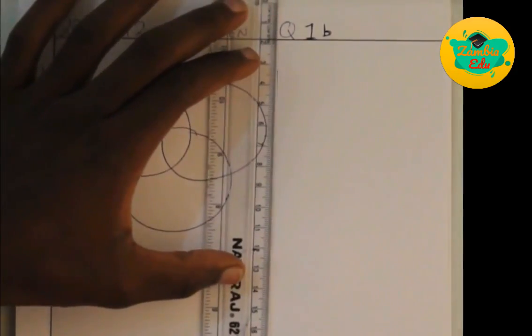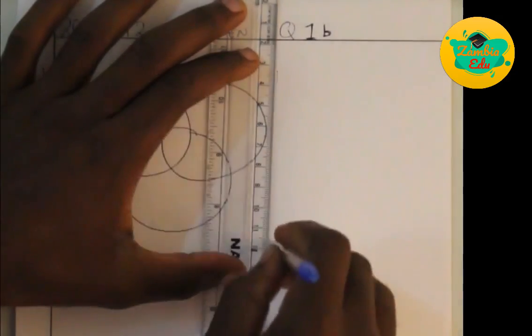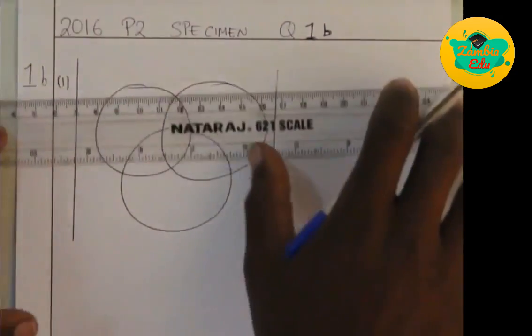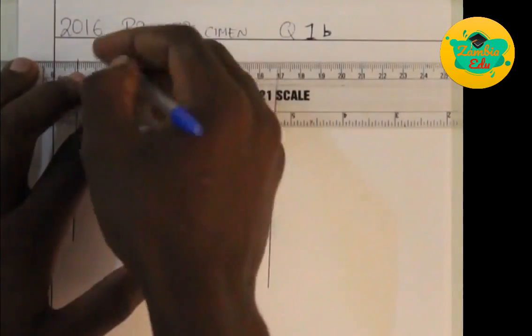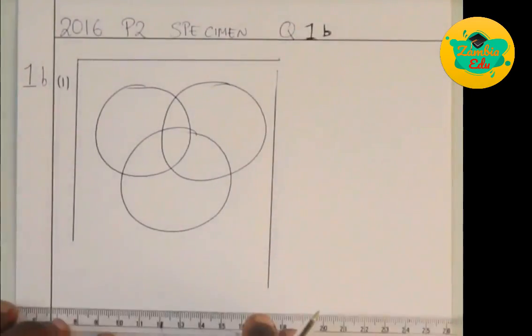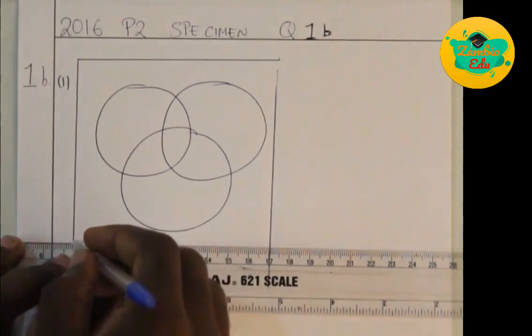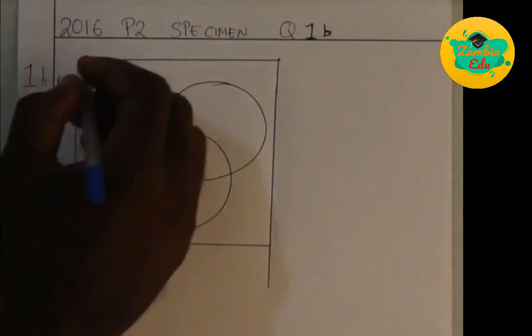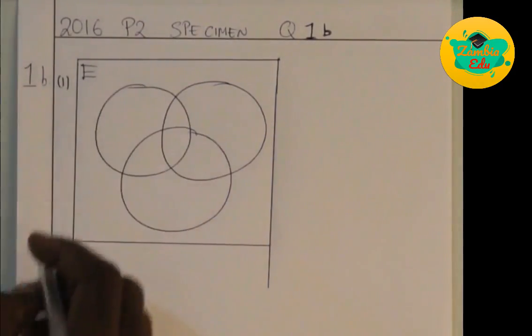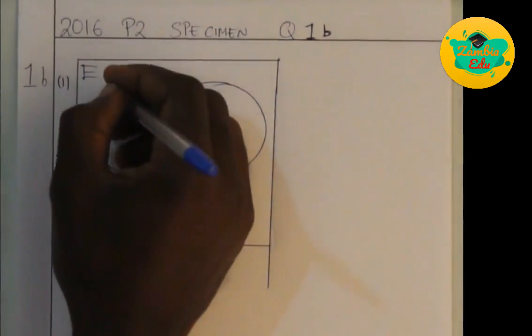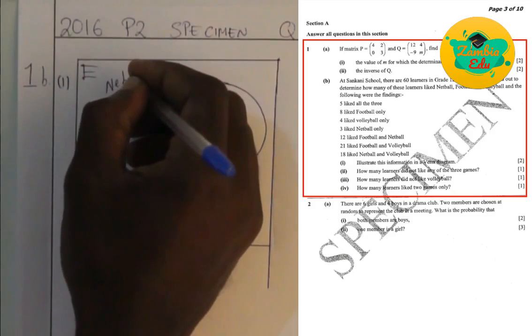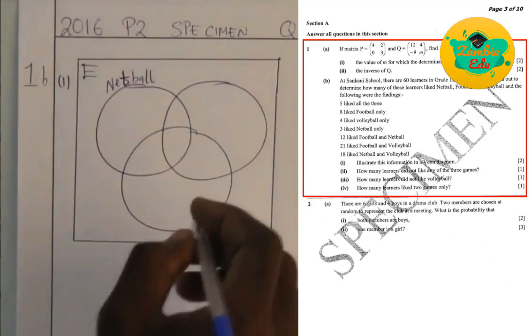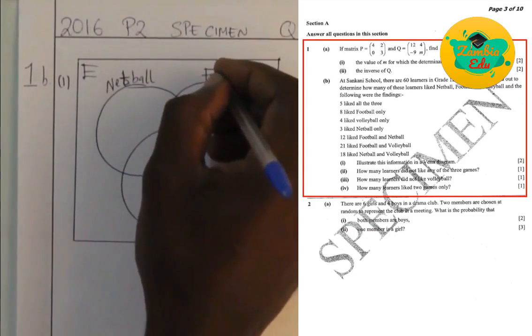Make sure that your diagrams are neat, they look nice. Okay, so there we have it. We indicate that that's our universal set, and then this is going to be our netball set, then this one is going to be our football set.